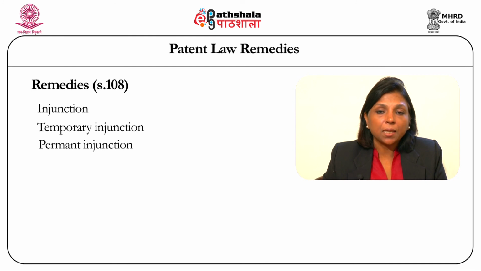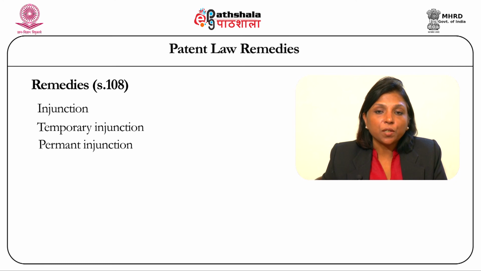requirements that the court may look at, for instance, balance of rights, the prima facie case, the balance of convenience, irreparable injury that the plaintiff faces, the court may grant him a temporary injunction.